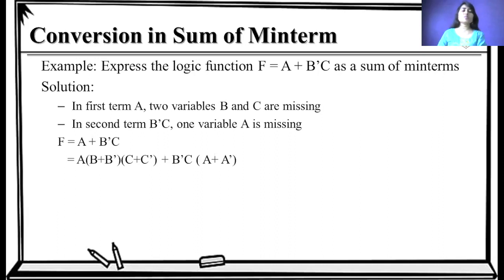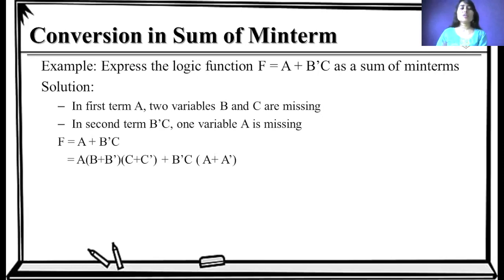B plus B' equals 1, and C plus C' equals 1. How? If B equals 0, then B' equals 1, so 0 plus 1 gives output 1. And for B equals 1, B' equals 0, so 1 plus 0 equals 1.